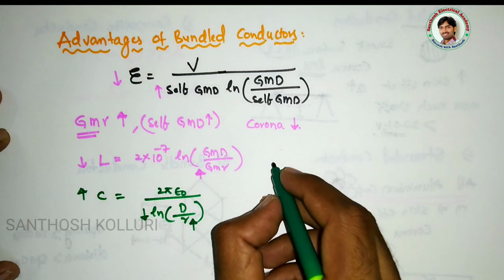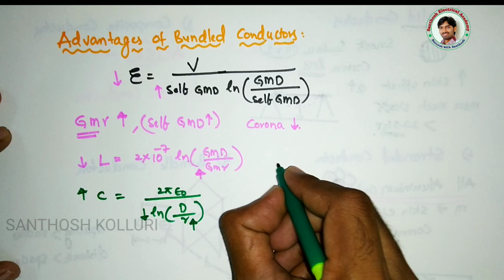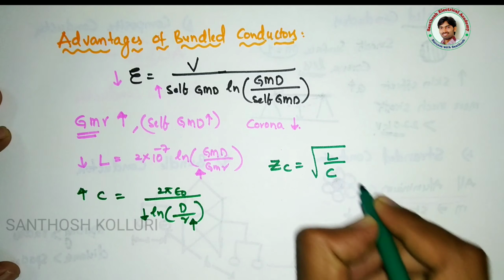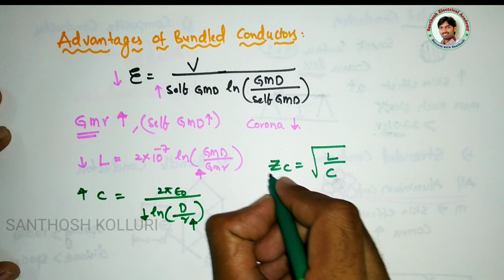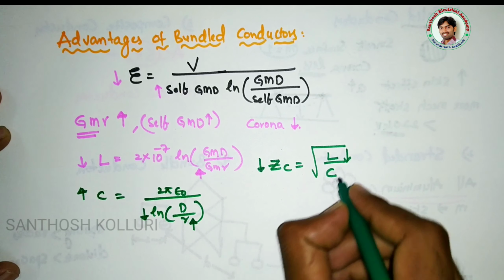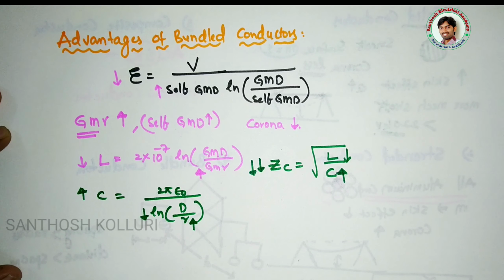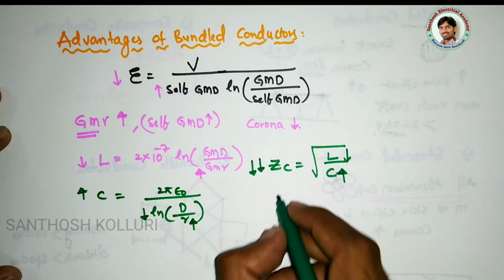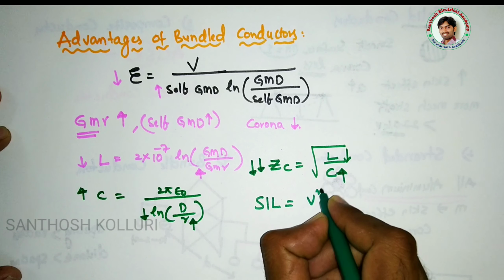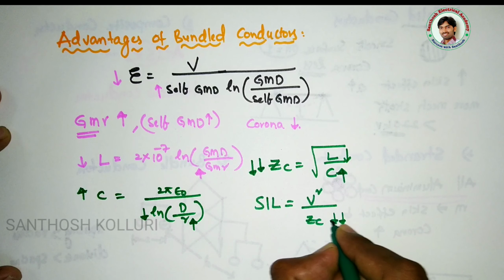So as and when the value of inductance is reducing and the value of capacitance is increasing, then the characteristic impedance, which is given by ZC is equal to under root of L by C, will be reduced, because inductance value is reducing, the characteristic impedance will be reduced. The value of capacitance is increasing, the value of characteristic impedance is reducing. So when the characteristic impedance is reducing, then the value of surge impedance loading, which can be given as V square by ZC, is increasing.